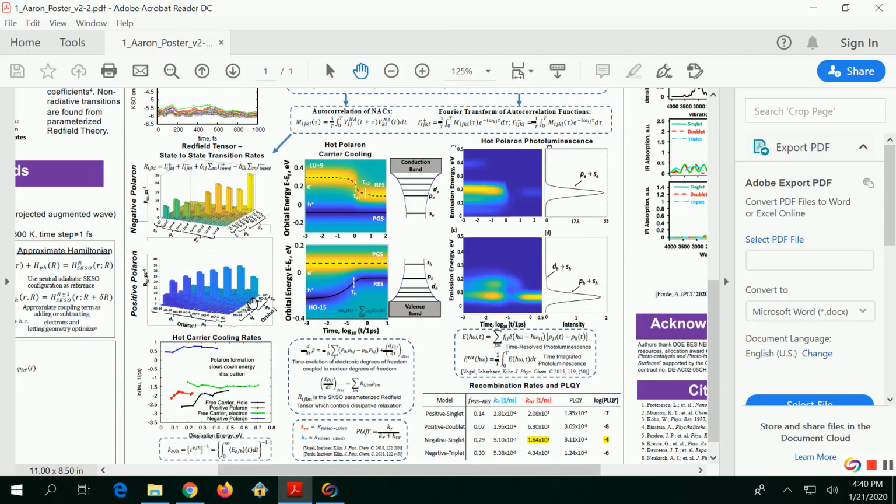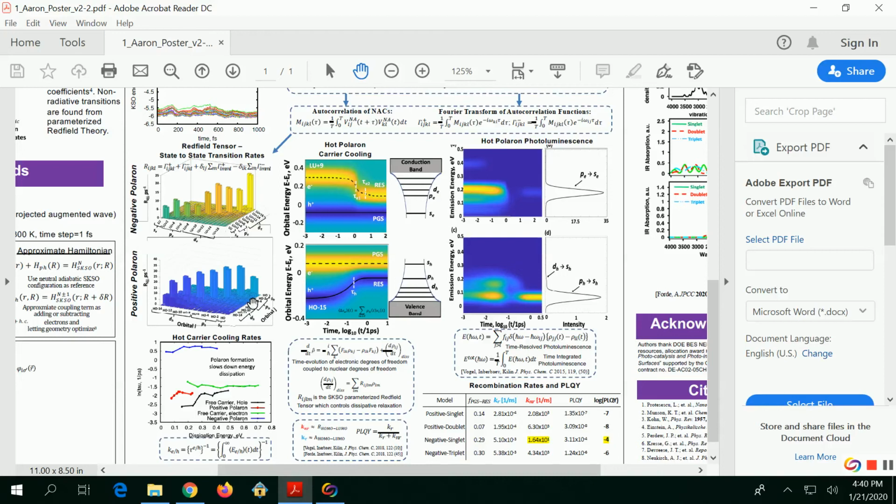And so we plot these for the two cases. When it's a free carrier, so not including polaronic effects in the geometry, and then with polarons. The thing to notice here is the red and black compare the positive polaron and just the hole without polaron formation. We can see that the cooling is slower in this case, and the same trend is shown with the negative polaron.